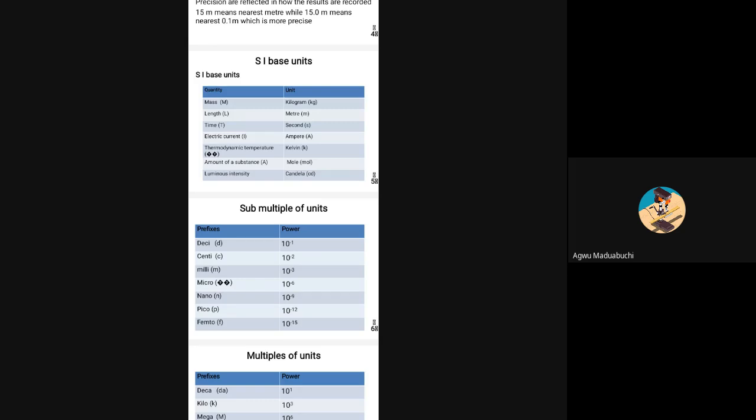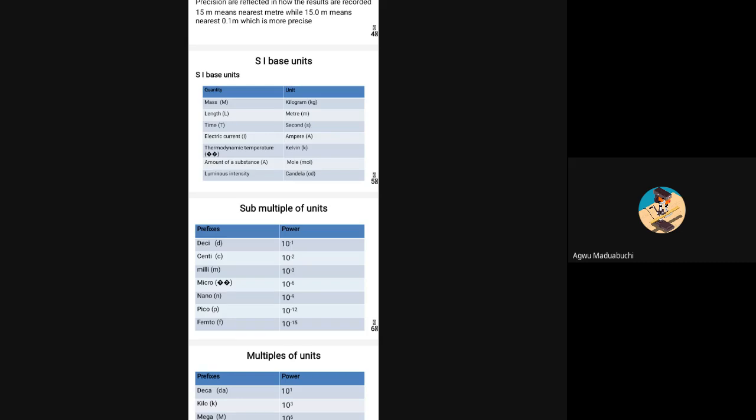Now, the reason why we are reviewing this is that when you are taking your measurements, except otherwise stated, you have to keep to these units. For mass, if you take your measurement in grams, ensure that you convert it back to kilograms. Should I say that again? No, sir.